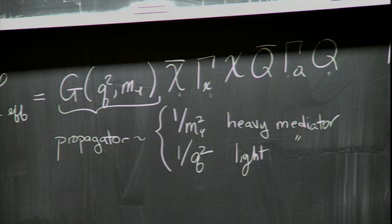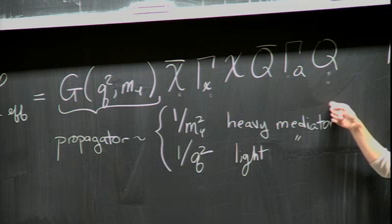And for a light mediator, I have 1 over momentum transfer squared. Yeah, no, it's totally right. So if dark matter only interacted gravitationally with baryons, these experiments guaranteed would see nothing. So we have to have some kind of interaction, and the easiest way of parametrizing all the possibilities is to use these effective operators.